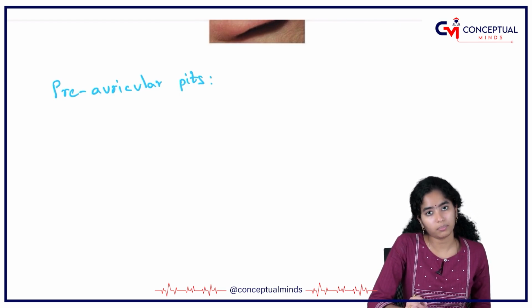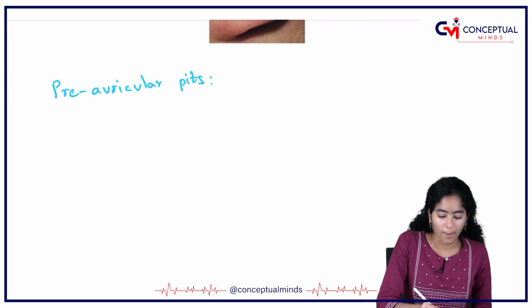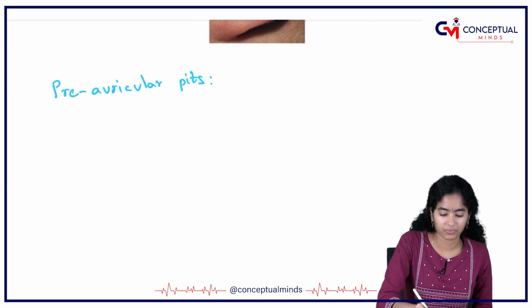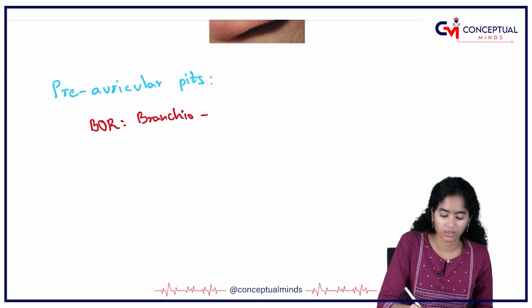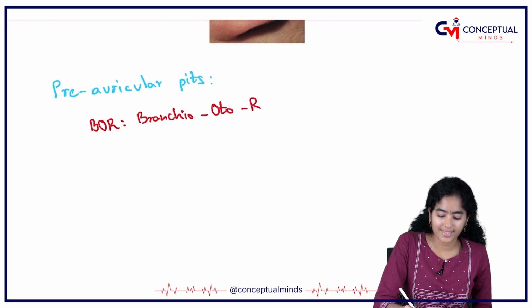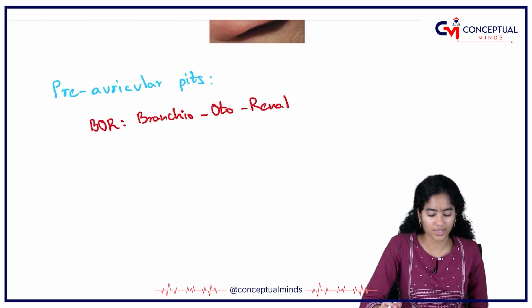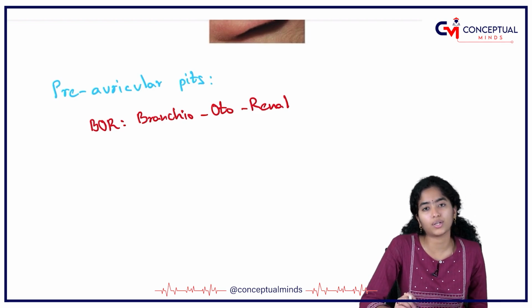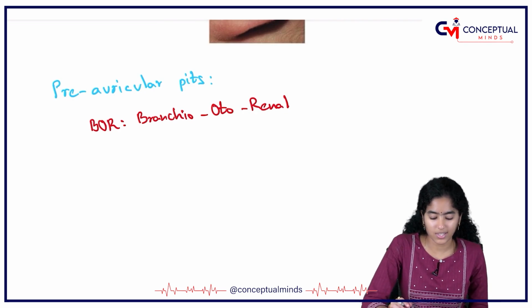And this is important because it is one of the first and easily visible signs of BOR. BOR is branchio-oto-renal syndrome. It is one of the most common causes of hereditary hearing loss. And preauricular pits are a sign of this disease. So it is important that when we see preauricular pits, we thoroughly investigate that case for BOR.